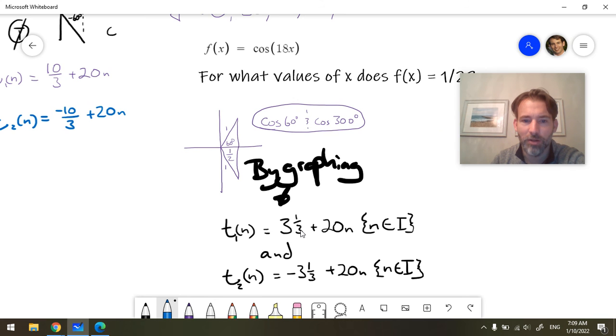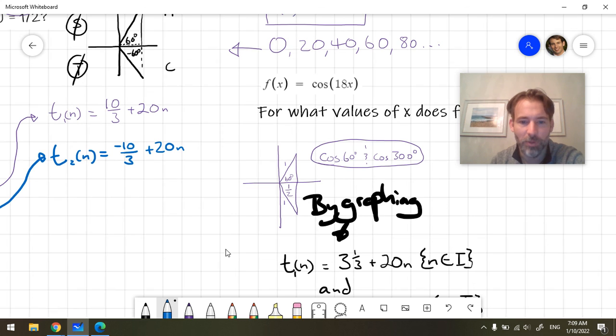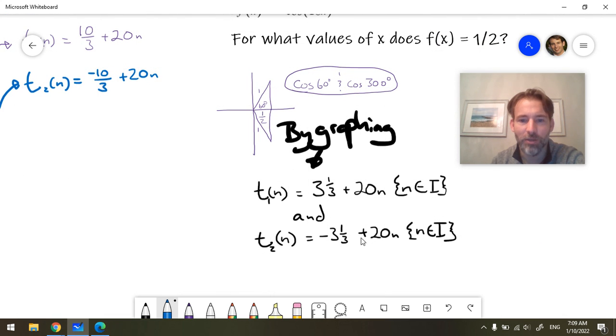We had 3 1/3 plus 20n. Oh, that's different, Mr. Jennings. No, it is not. 10 over 3 is 3 1/3. It's the same thing. Why? Because 9 over 3 is 3, and then the remainder is 1 over 3. And then t2, negative 3 1/3 plus 20n. There it is, right there. Great. So that's how you solve those by algebra.